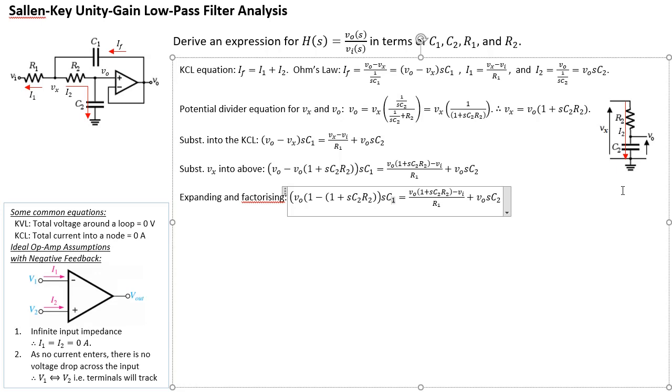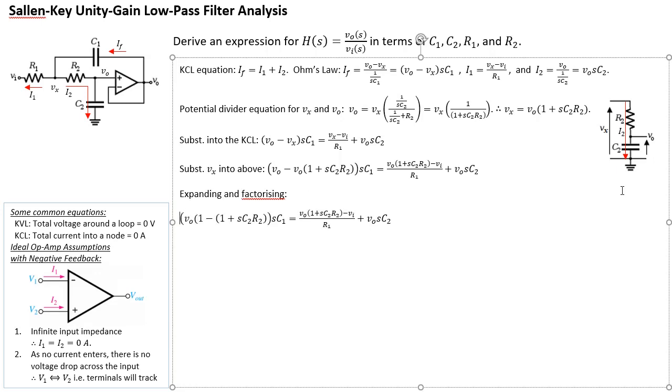I think I'll put this on the next line so that I can continue from here. So then this part becomes 1 minus 1, that's going to be 0. And then this basically means negative 1, so it becomes 1 minus 1, that's 0. And then what's left is negative of SC2R2.